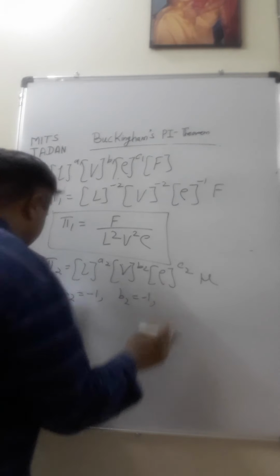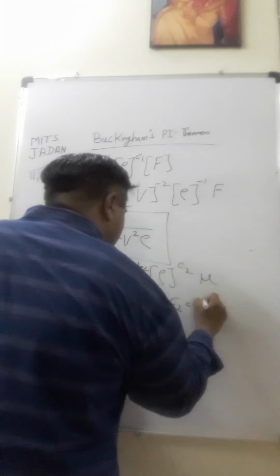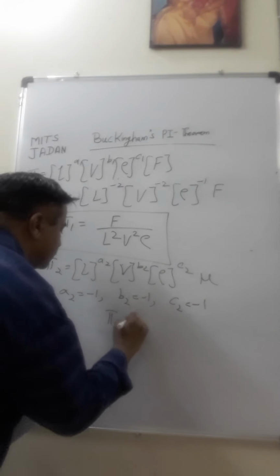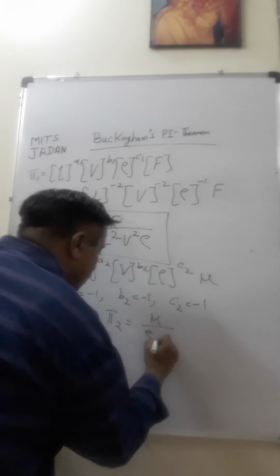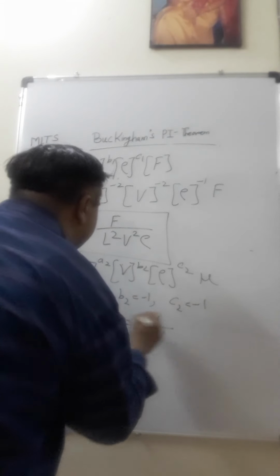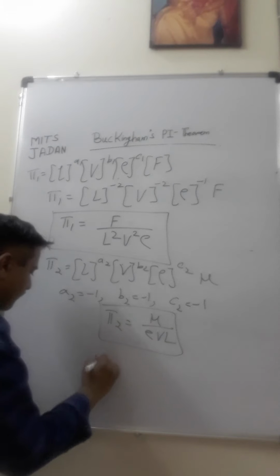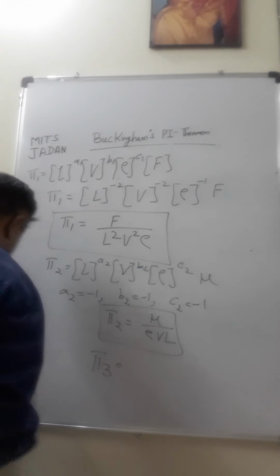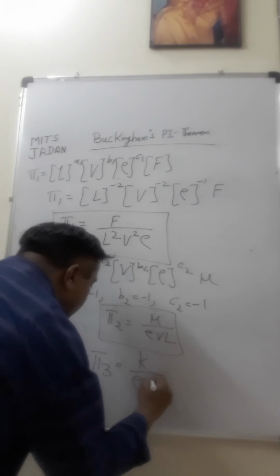Again you have to apply the Rayleigh method. And then C2 is equal to minus 1. So we get pi 2 is equal to mu upon rho V L. So this is your pi term. Similarly, you can find out pi 3 and it is equal to K upon rho V square.